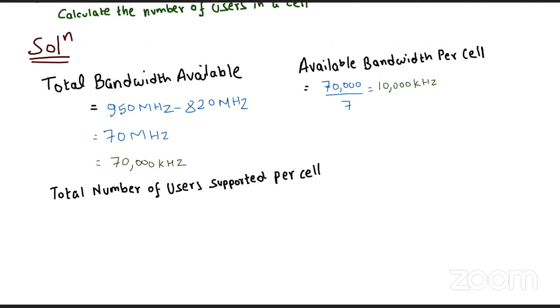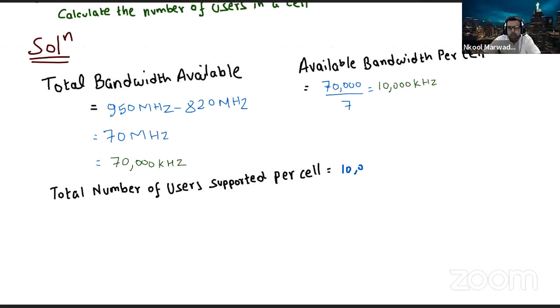Each cell has a bandwidth of 10,000 kilohertz, and each user needs 8 kilohertz. So the number of users will be 10,000 by 8. Very good.